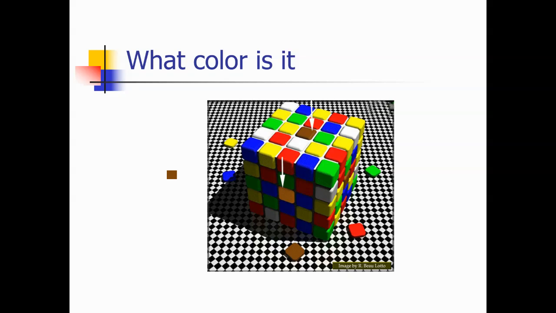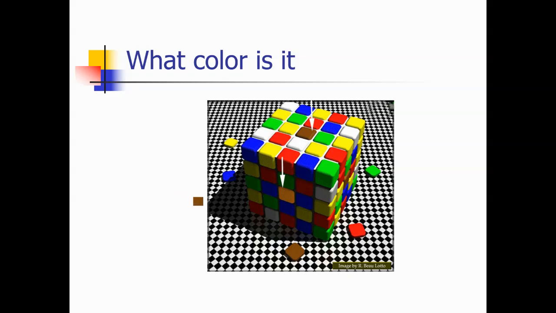So what that means is that the square on the side where the arrow is pointing, in context, should be orange. That's what orange would look like if it were in shadow. The square up on the top is brown because that's what brown would look like in direct light.